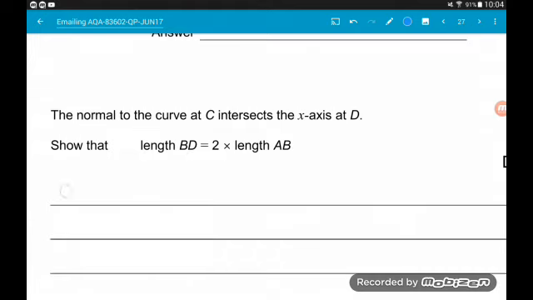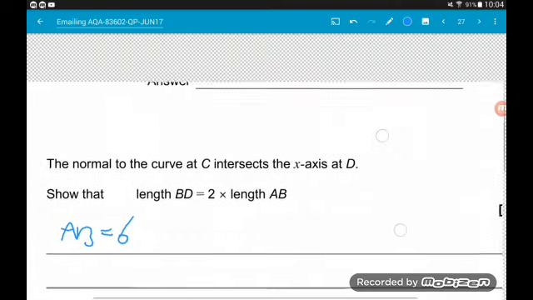So, AB is 6. So, a normal is the line perpendicular to a tangent or perpendicular to a curve at a given point.